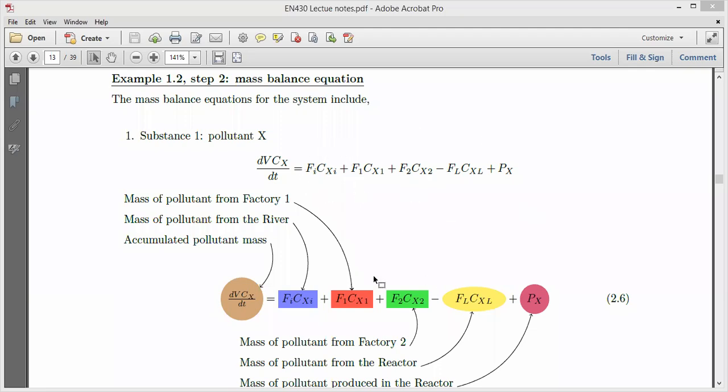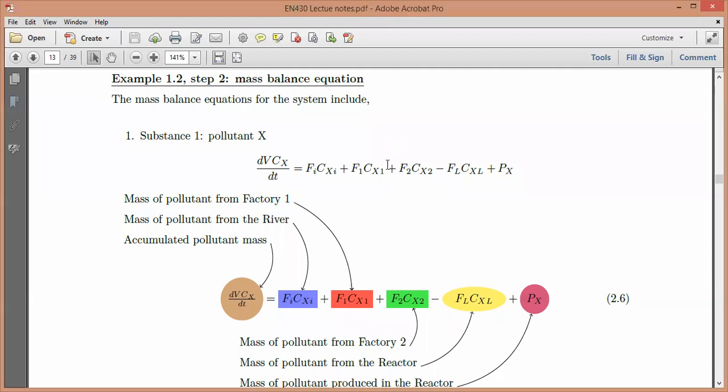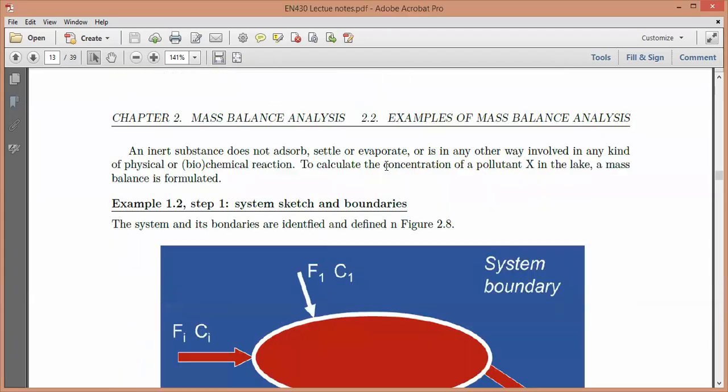Okay, so the lake is only receiving this pollutant after effluent starts flowing through into the lake. So the lake without the effluent from factory 1 and 2 actually has 0 pollutant X.